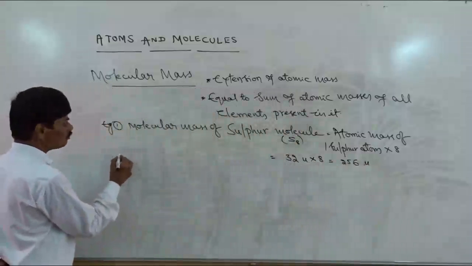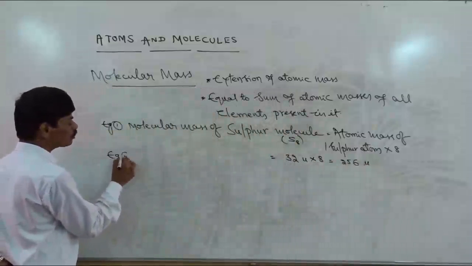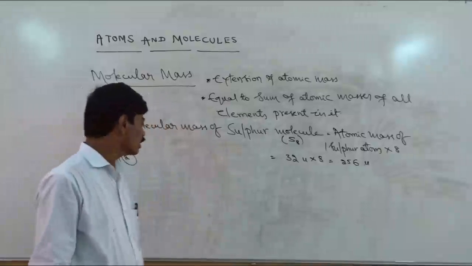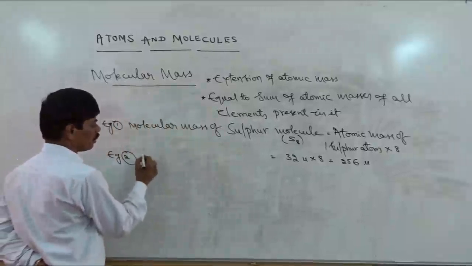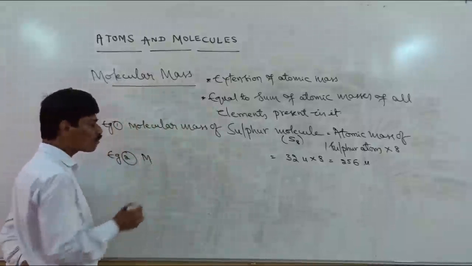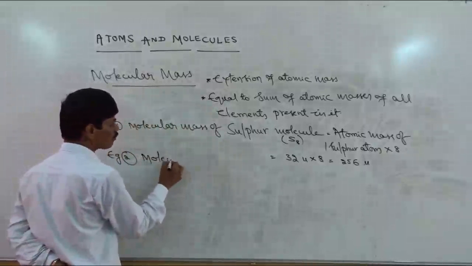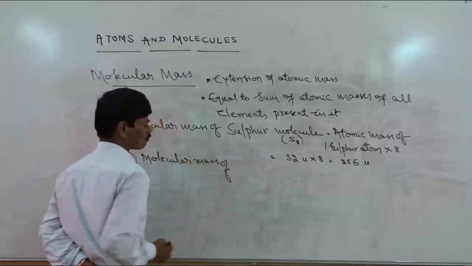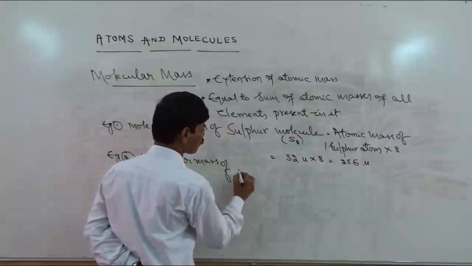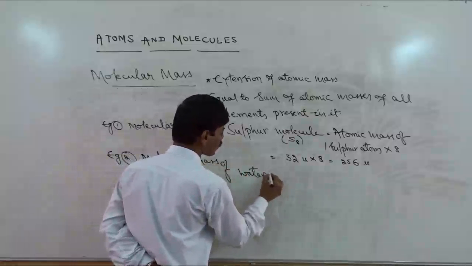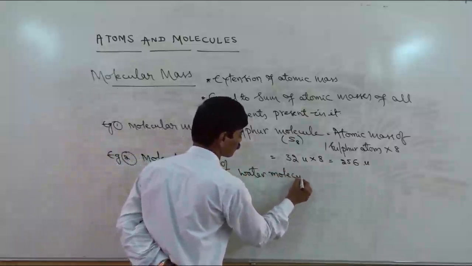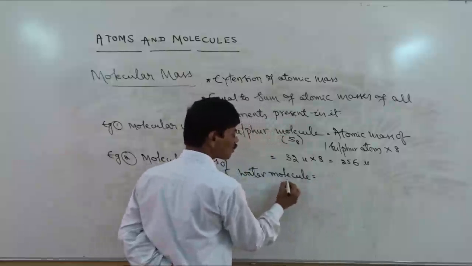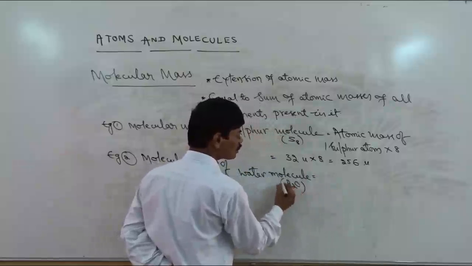Now we'll move to example 2. A molecule made up of two different elements. That means it is a compound. So the molecular mass of a water molecule is equal to, the water molecule composition or formula is H2O.